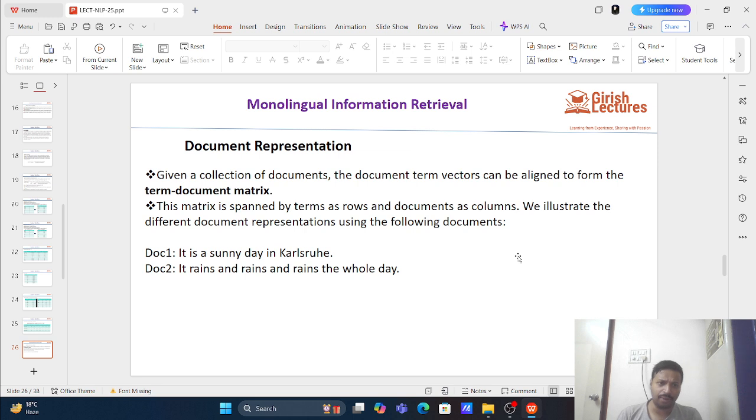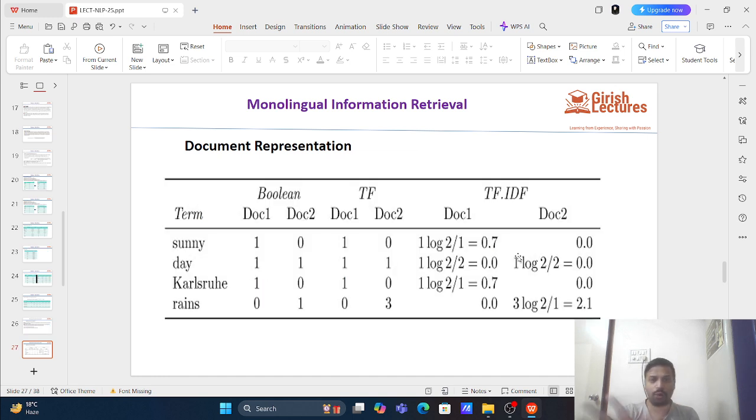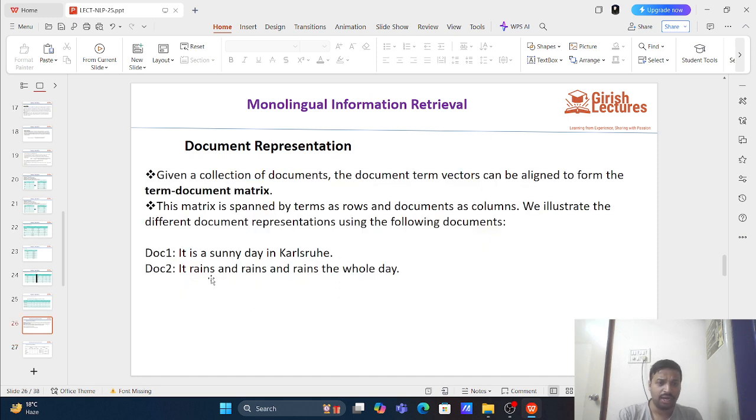Let's take another example for identifying your TF and IDF. Let's take 2 documents. It is a sunny day in Karlsruhe, and it rains and rains and rains the whole day. If we consider these 2 documents, this is how we can identify your entire TF.IDF. So this is how sunny was identified. Let's consider these are the 4 vocabulary individual words.